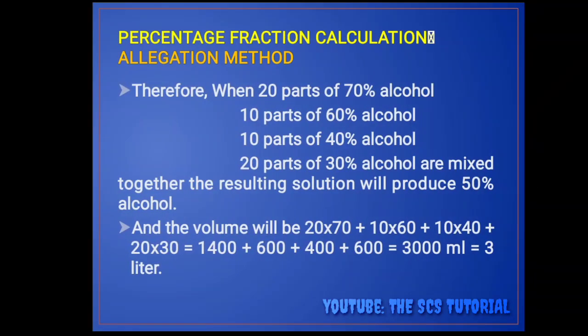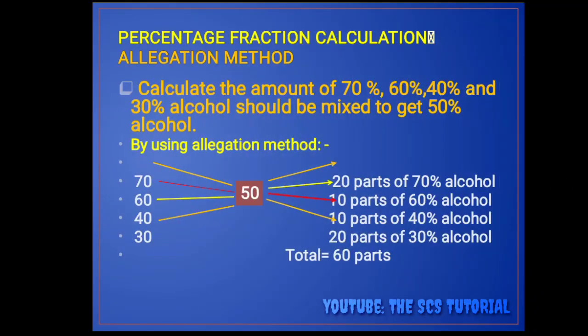From this we can calculate the volume like this. When 20 parts of 70% alcohol, 10 parts of 60% alcohol, 10 parts of 40% alcohol and 20 parts of 30% alcohol are mixed together, the resulting solution will produce 50% alcohol, and the volume will be 20 into 70 plus 10 into 60 plus 10 into 40 plus 20 into 30.